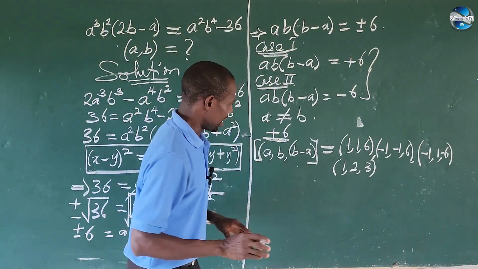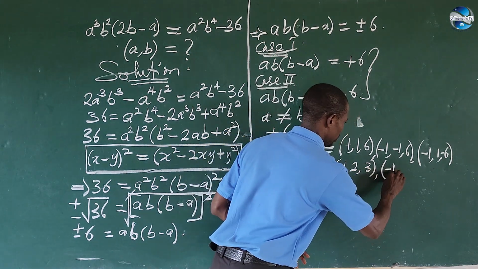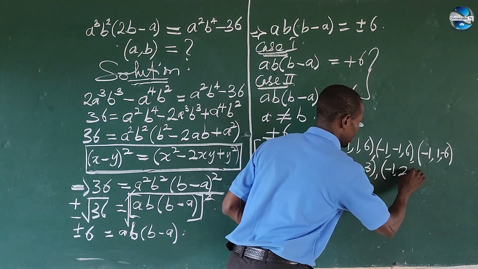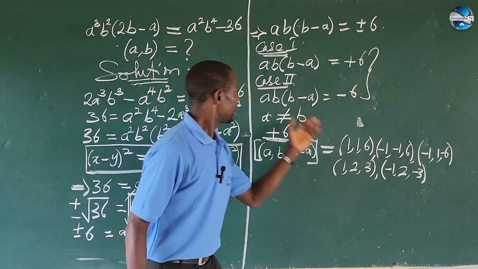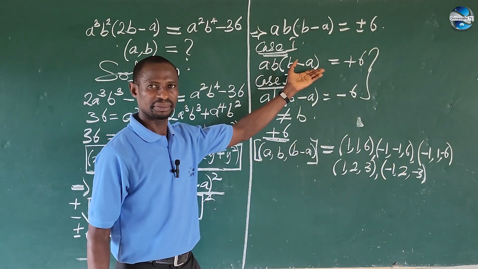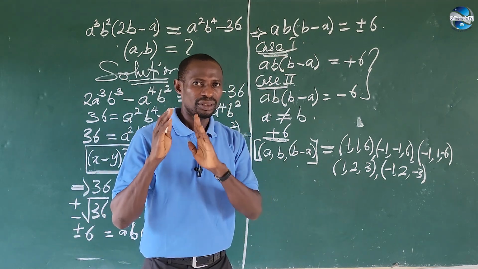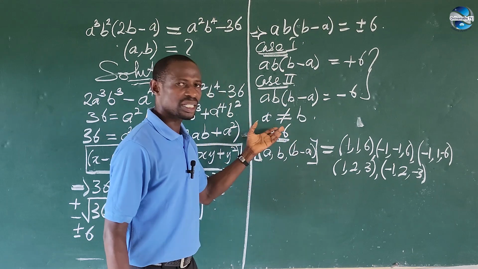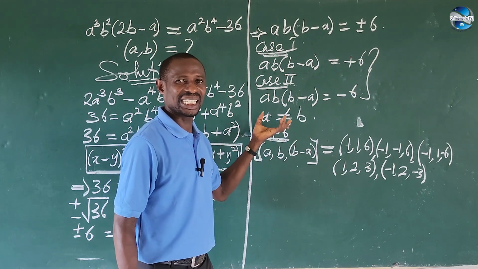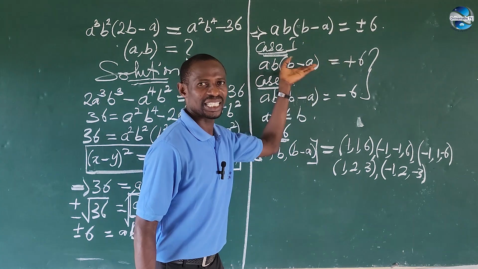All right, then another one that will give us this: we're going to have minus 1, comma 2, and minus 3. This will equally satisfy our expression. Okay, we are looking at the product of the three numbers that we can multiply from the plus or minus factors of 6, that will now give us the positive of this first expression.